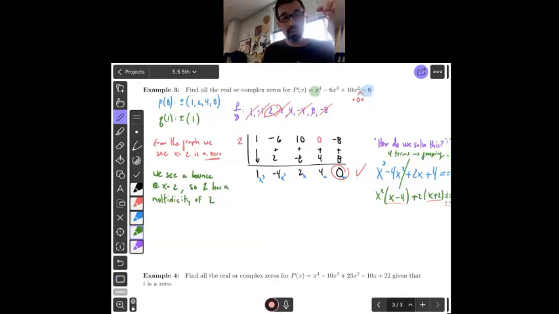What that means is that I can take it out again. Some of you might remember this visually: we can do layers of synthetic division, is what I like to call it. Because 2 shows up twice, we can take two 2's out. We cross out that last column, we don't need that 0 anymore.